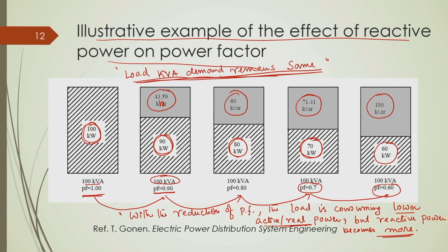In one case, in order to keep the active power demand constant, the utility needs infrastructure with a higher amount of kVA so that it can provide it.